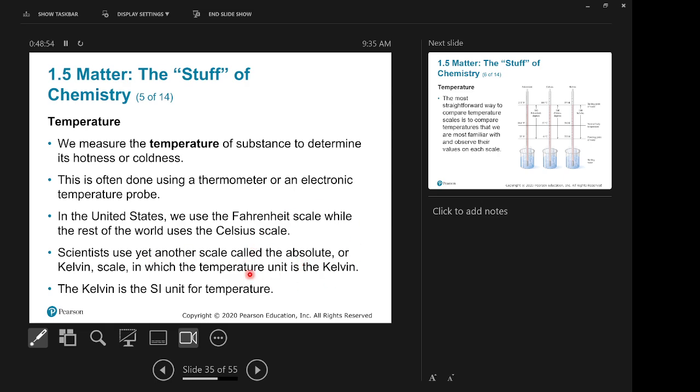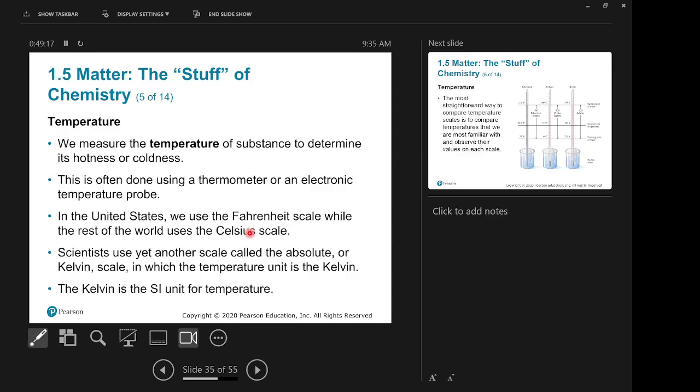Scientists usually use a different scale, and this is the Kelvin. Everybody notice that Fahrenheit and Celsius have a degree? You say degree Celsius, degree Fahrenheit. That's because those are relative scales. You're measuring Celsius off of the melting and boiling points of water.